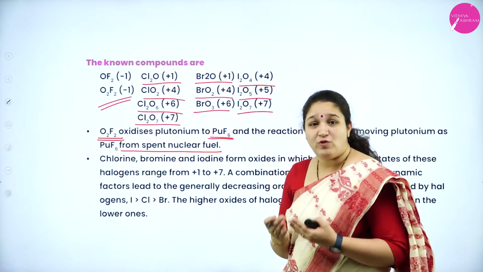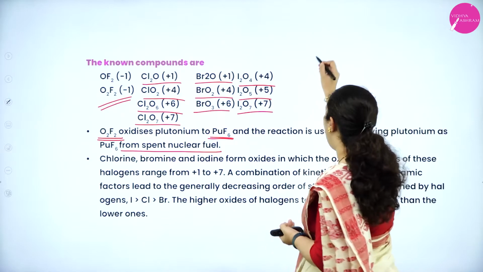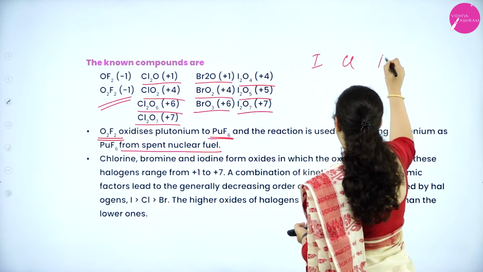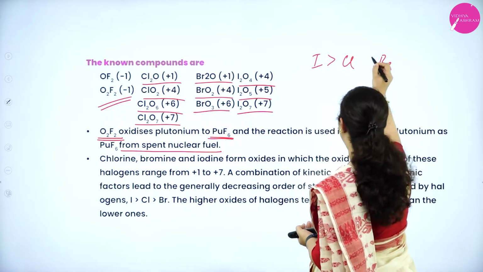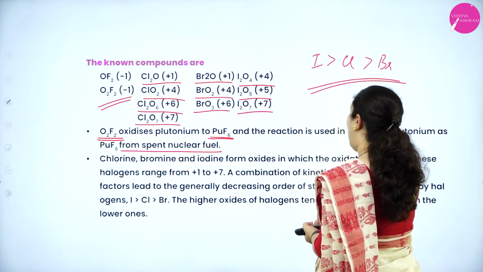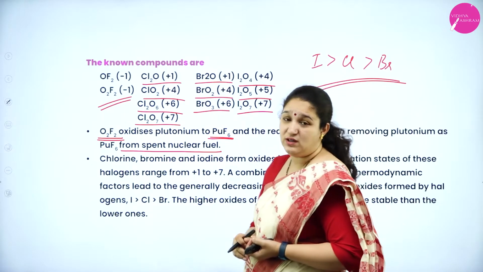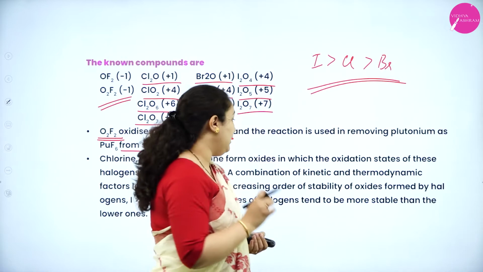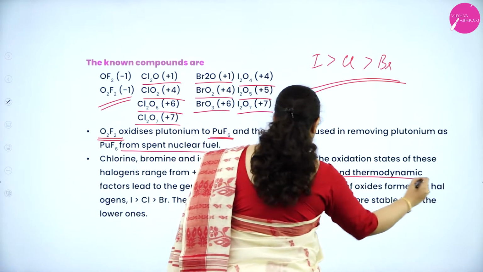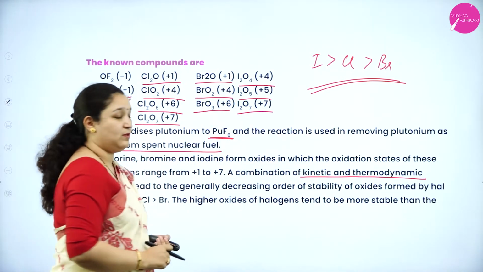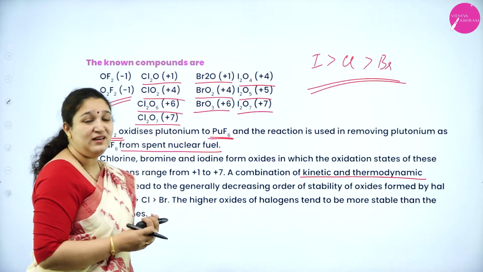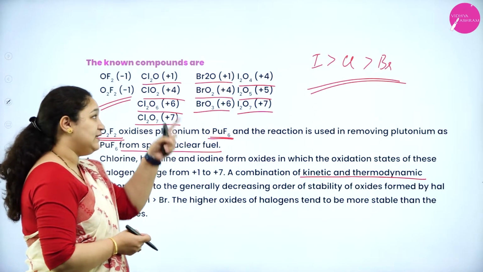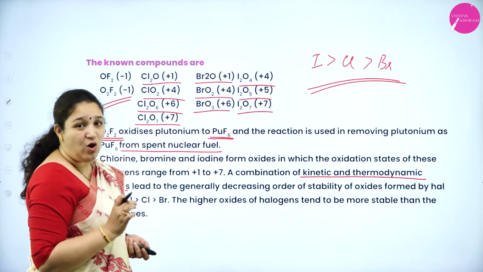The stability of oxides formed by iodine, chlorine and bromine is in this particular order, and the reason for this order is kinetic and thermodynamic factors.